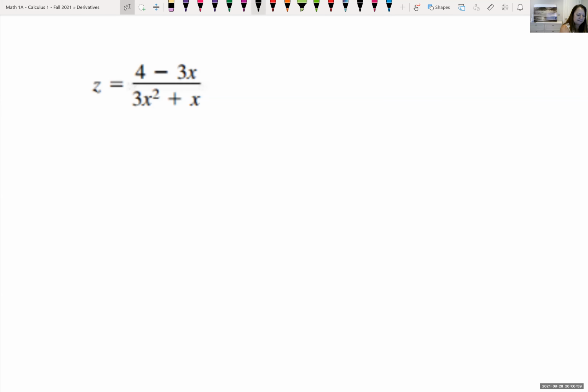And it's asking us to find the derivative of z. There are different ways that we can write this. We can find z prime, or dz over dx.